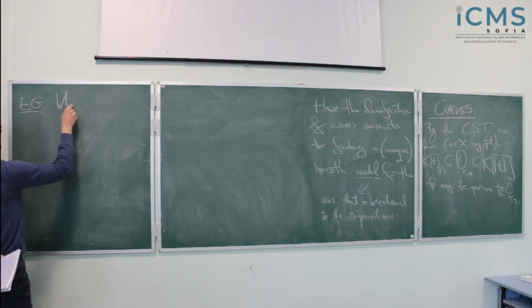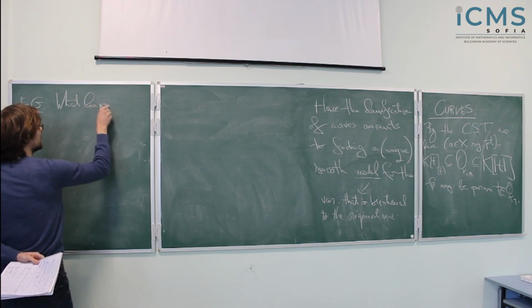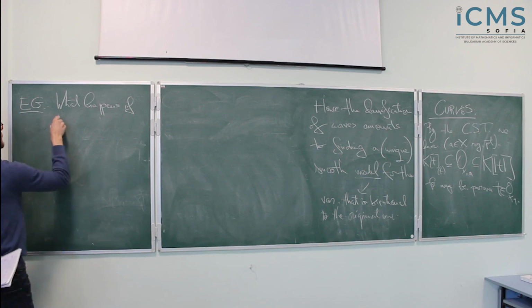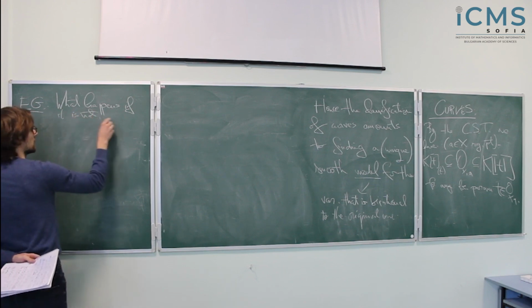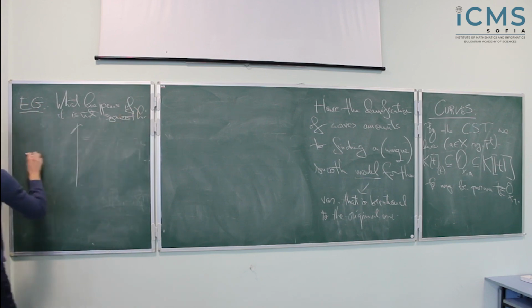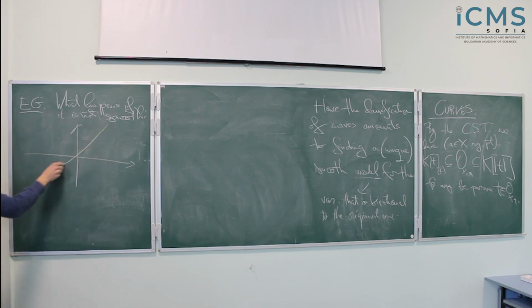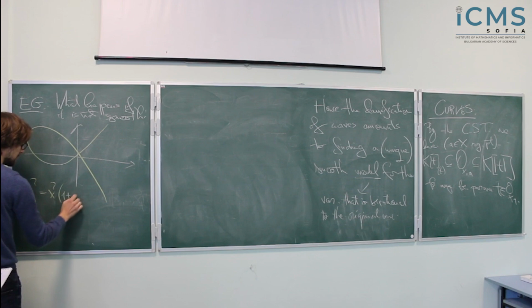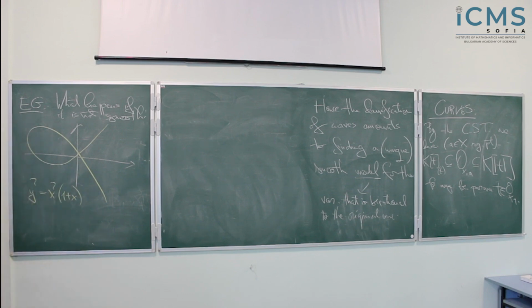What happens if it is not smooth? So this is a classic example which I should have mentioned. What's going to happen to the completion if I take the node? Recall, the node is given by the equation y squared equals x squared times (y plus x). What happens in the localization here?